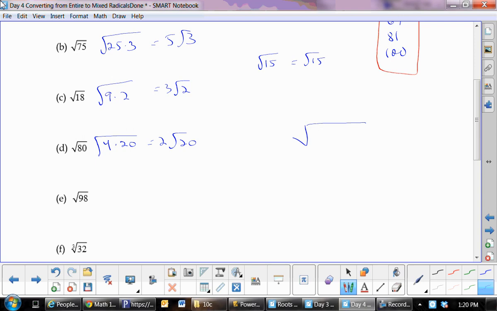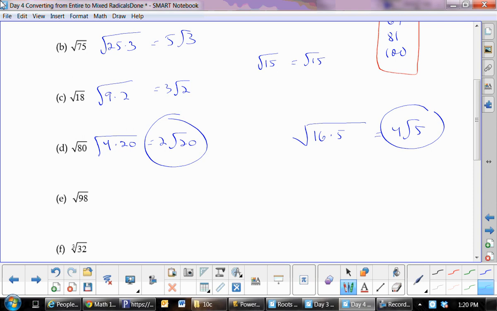Okay, you guys should be trying. There isn't 60 of them. There's like 10. 9 doesn't go into 80. 16 does, yeah. So this is 16 times what? Times 5. The 16 comes out and becomes a 4. So this is 4 root 5. So I have two answers. 2 root 20 or 4 root 5.